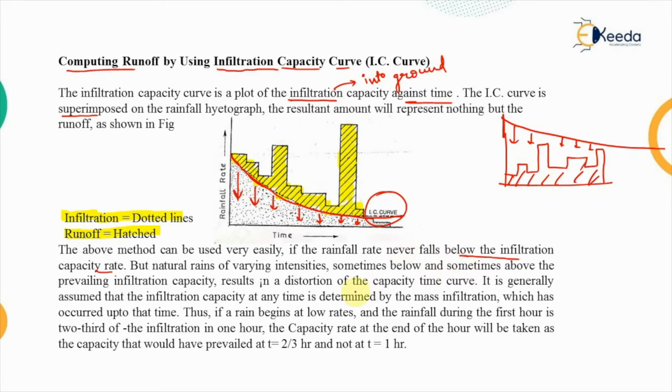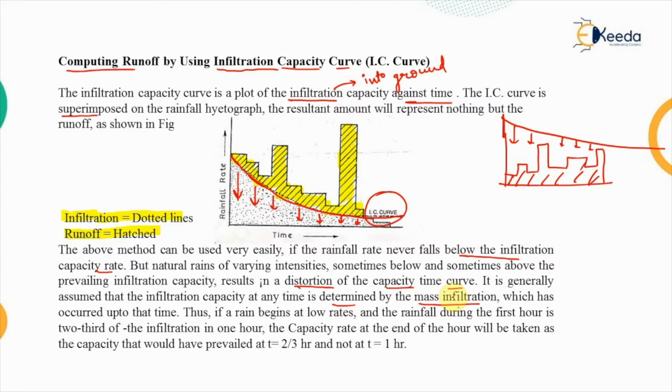So in this situation, there will be distortion in the infiltration capacity versus time, and it is generally assumed that the infiltration capacity at any time is determined by the mass infiltration that has occurred up to that particular time.